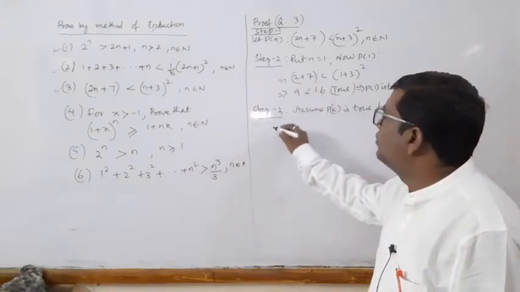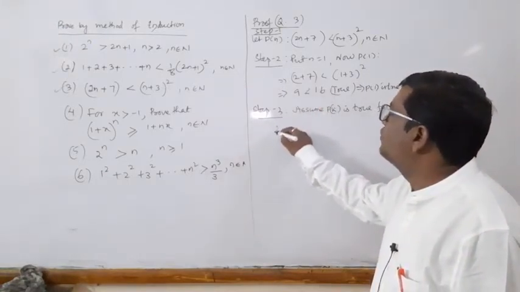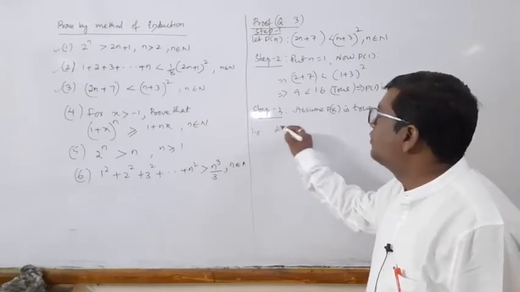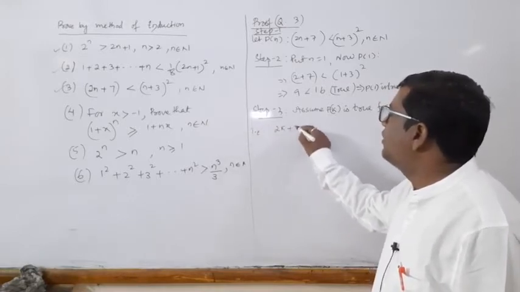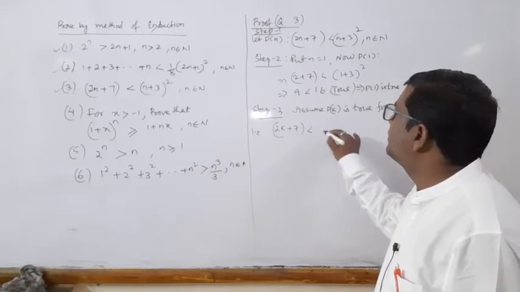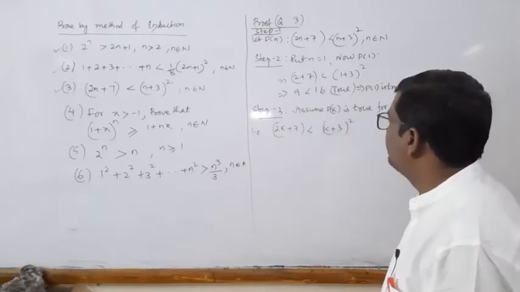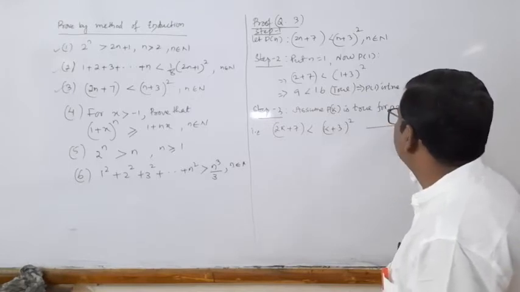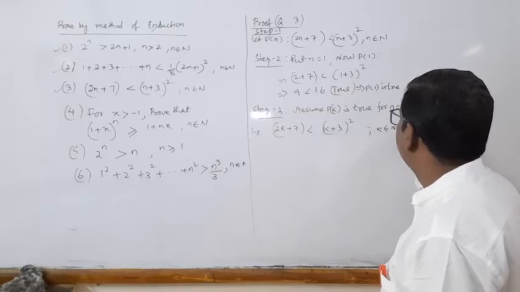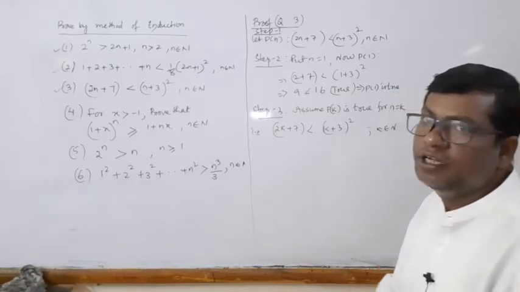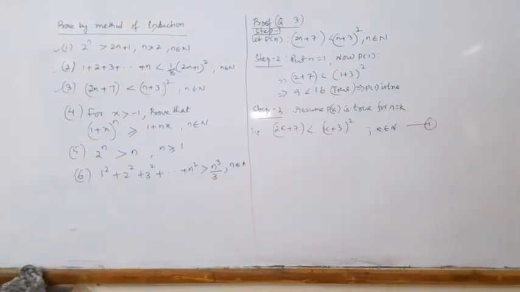So that implies 2k plus 7 is less than (k plus 3) whole square. This is equation 1, where k belongs to N.